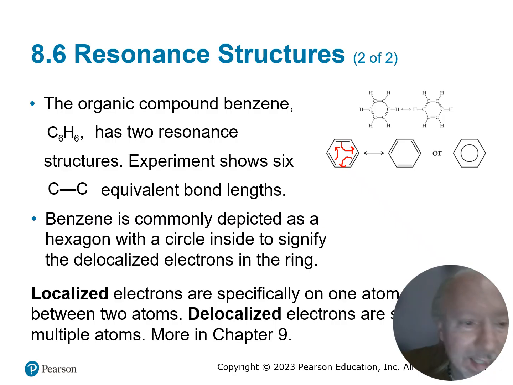Now, a single bond is called a sigma bond. If we were looking at ethane, these are all sigma bonds. No double bonds whatsoever in ethane. They're all sigma bonds. There's no resonance to speak of in ethane. It's a very simple hydrocarbon.